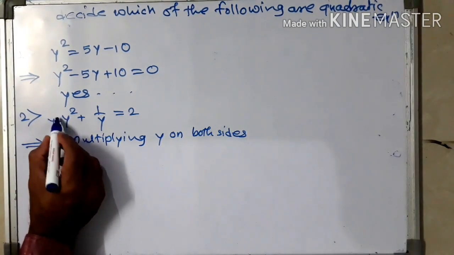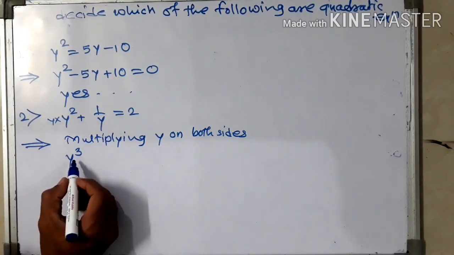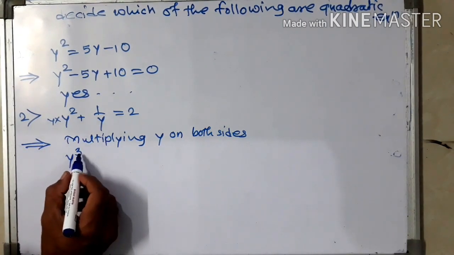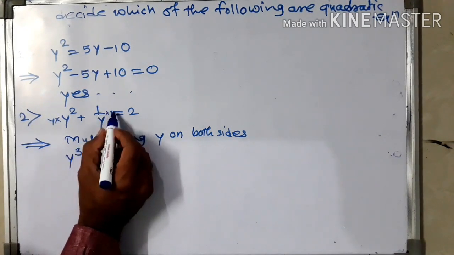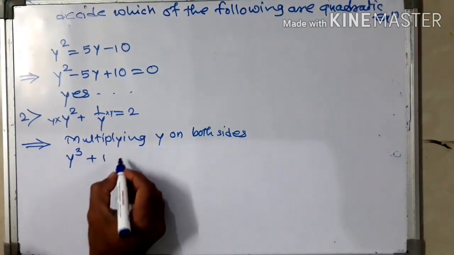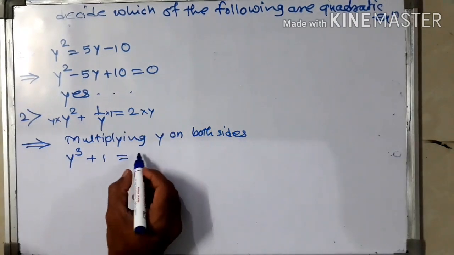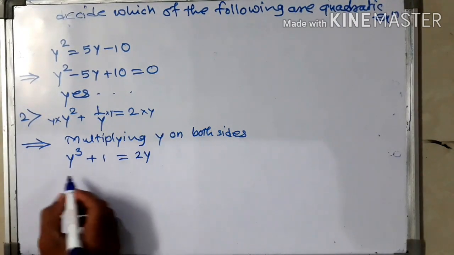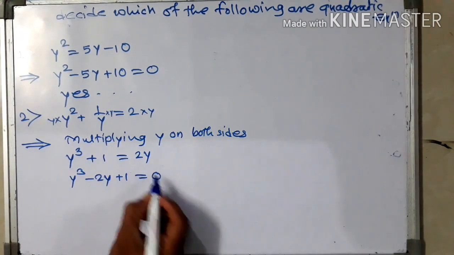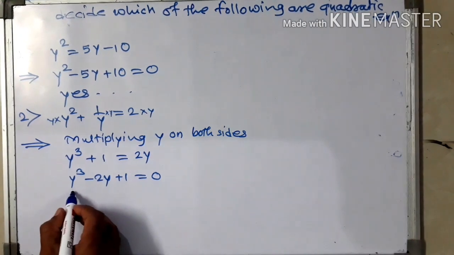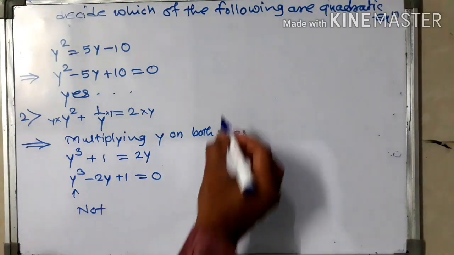When we multiply y to y square, by laws of indices, the result is y cube. Plus, when we multiply y to the term 1 upon y, it gets cancelled. When we multiply y to 2, there is 2y. y cube minus 2y plus 1 equals to 0. Here the highest power of the variable is 3, so it is not a quadratic equation.